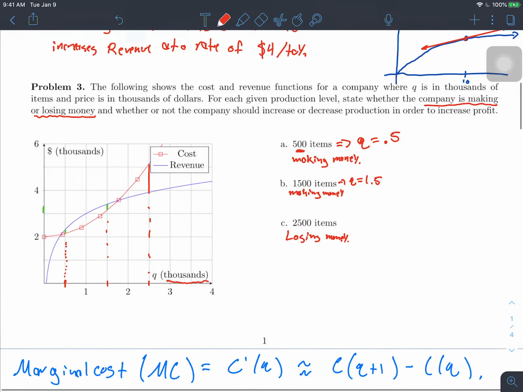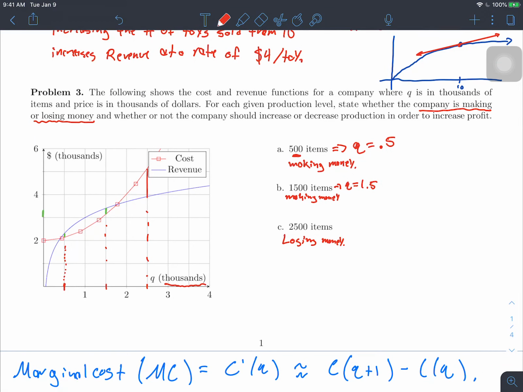Okay, so the second part of the problem is to say, should the company increase or decrease production in order to increase profit? That's what we always want to do, right? We always want to increase profit. Okay, so this is a question about marginal profit.